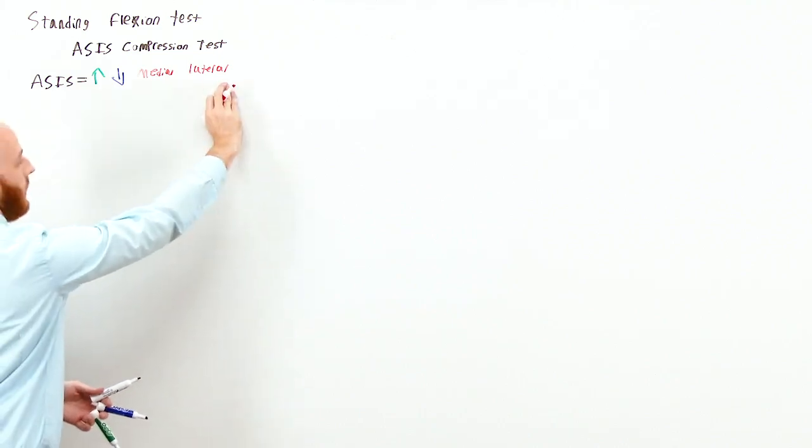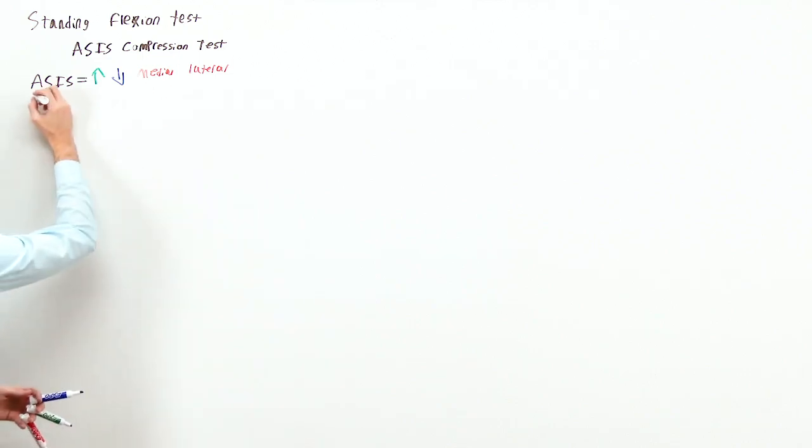All of these findings are in relation to the ASIS on the other innominate bone. So if the ASIS on the right side is superior, that means that the ASIS on the left side is inferior.